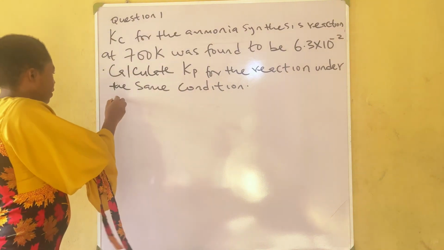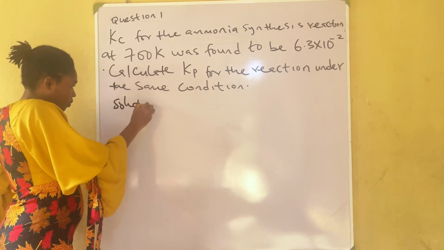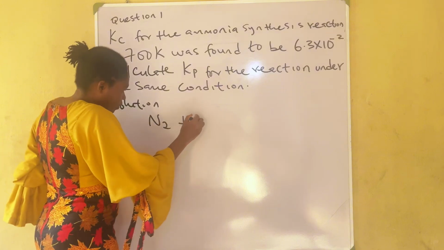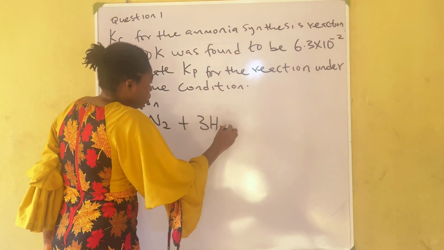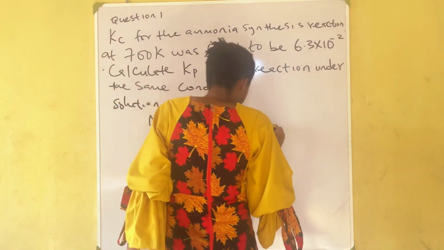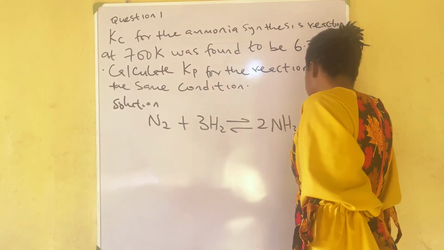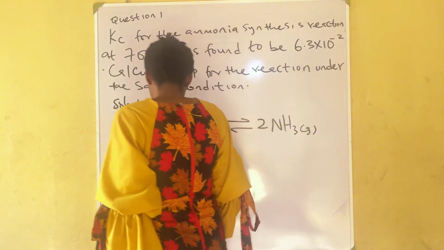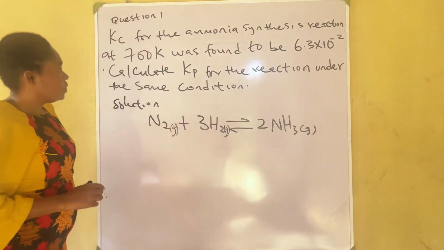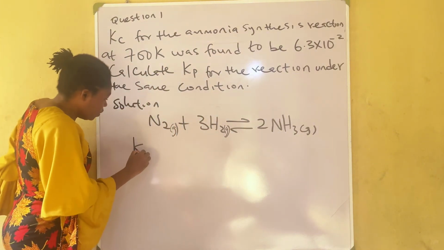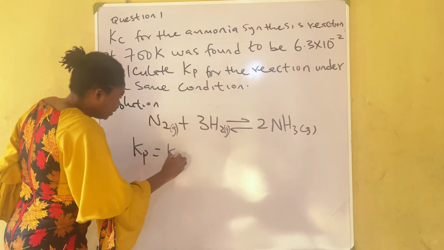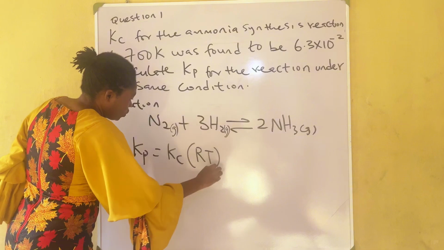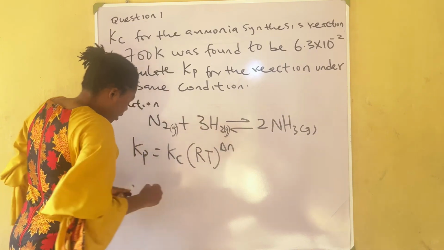First the reaction: nitrogen reacting with 3 moles of hydrogen forms 2 moles of ammonia, in gaseous state. The formula is Kp equals Kc (RT) raised to the change in the number of moles.